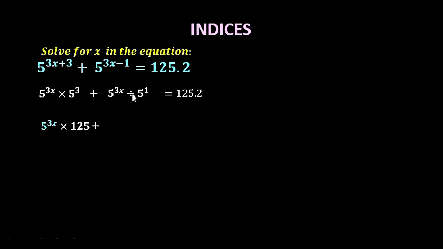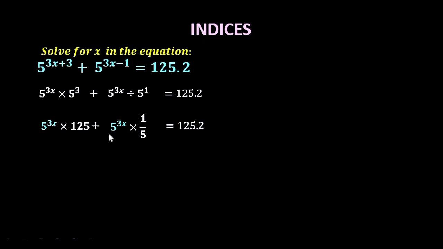So the division can change into multiplication, so that we have 5 raised to 3x times the reciprocal of this. So we're going to have 5 raised to 3x times 1 over 5. The right hand side remains the way it is.